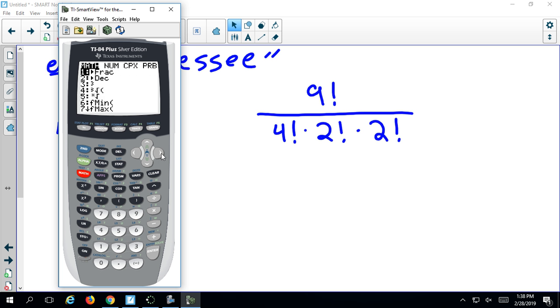And here when I divide I have to use parentheses because I've got multiple things in here.